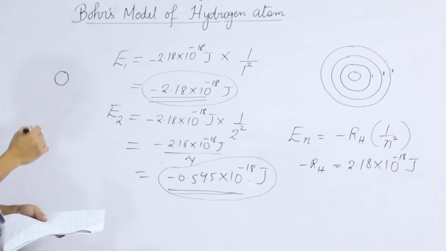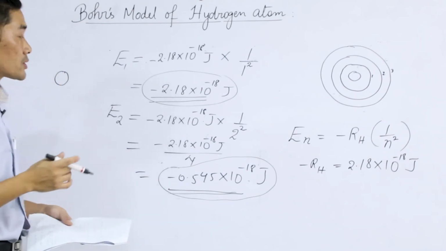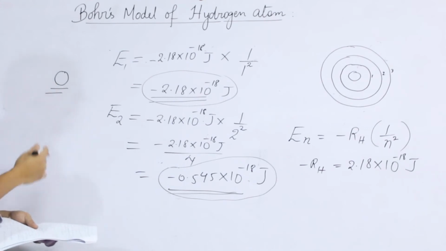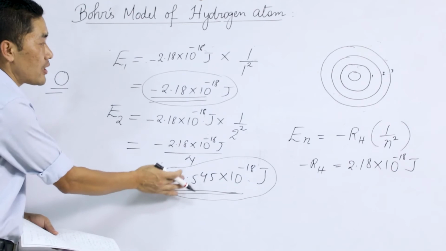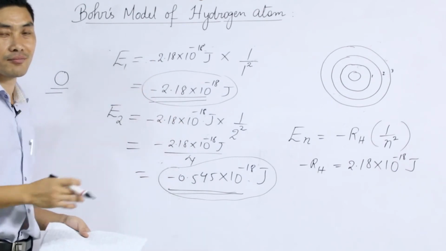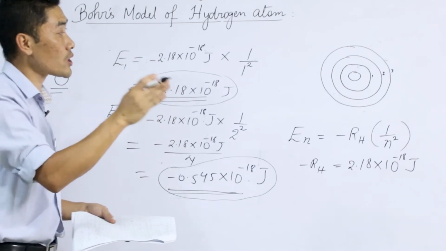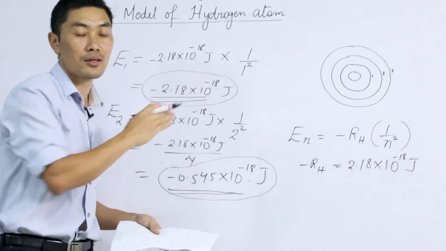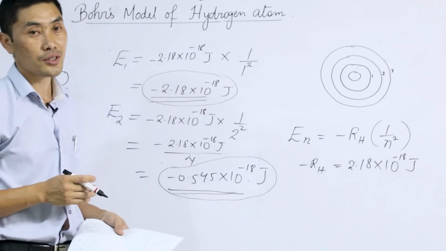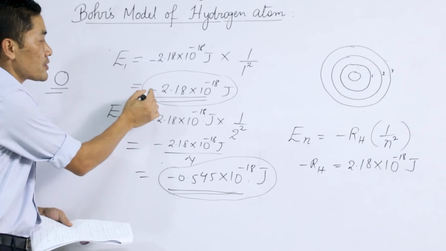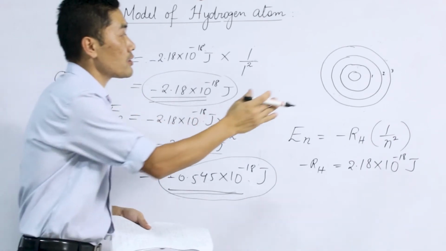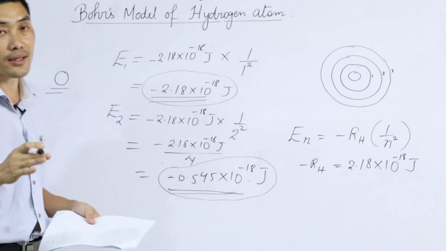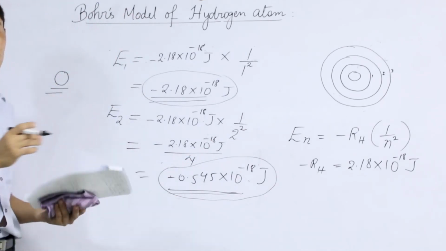The energy of an isolated electron is taken as 0. As we go nearer to the nucleus, the negative value goes on increasing. That means the energy goes on decreasing as we move nearer to the nucleus. So these negative signs indicate that the energy of the electrons in these different orbits is lower than the energy of an isolated electron.